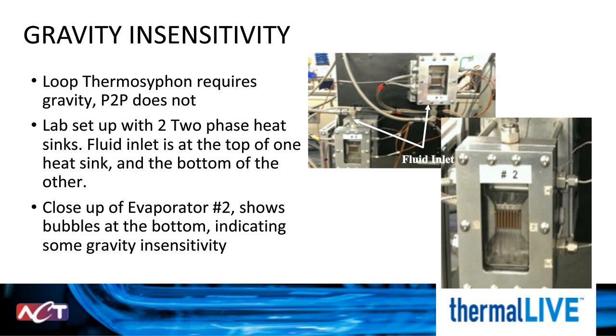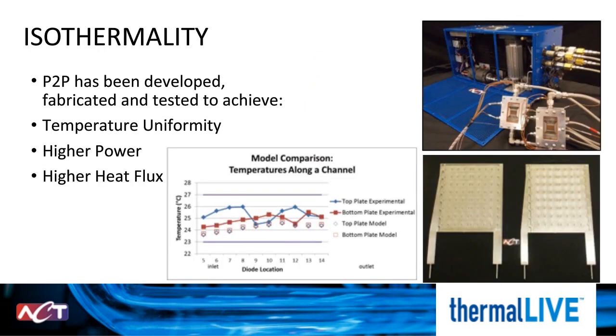To continue looking at test results, our next slide proves out the high degree of isothermality capability of a pumped two-phase system. In this design, both the top and bottom plates had several high heat flux diodes, which were required to maintain a temperature of 25 plus or minus 2 C. The system was first modeled by an in-house code developed by ACT.